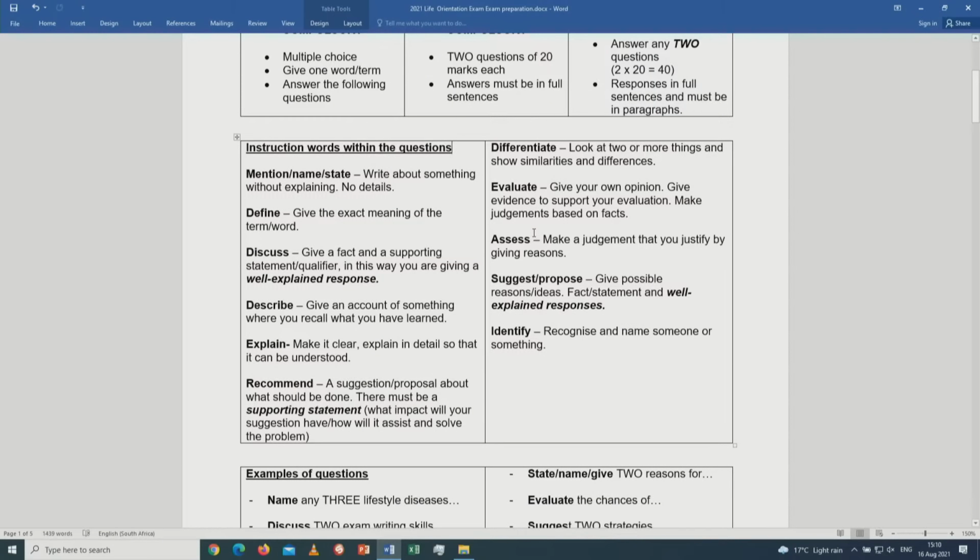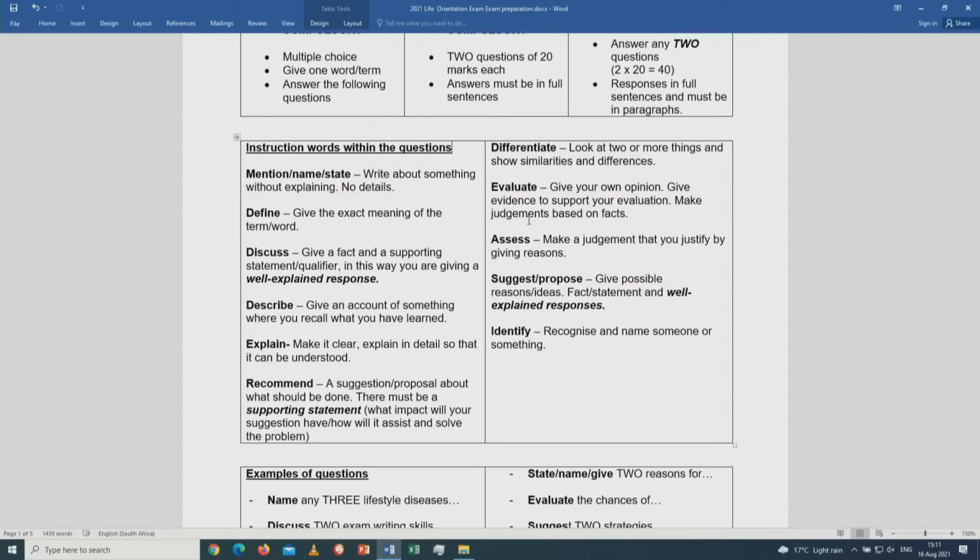Differentiate usually asks you to give the difference between 2 things, and that will also depend on the mark allocation, whether it's 2 marks or 4 marks. But again, like I said, each time in a middle order or high order question in Life Orientation, which are mostly in section B and section C, whenever you see 2 marks for a question, you must know that the question requires a fact and a qualifier.